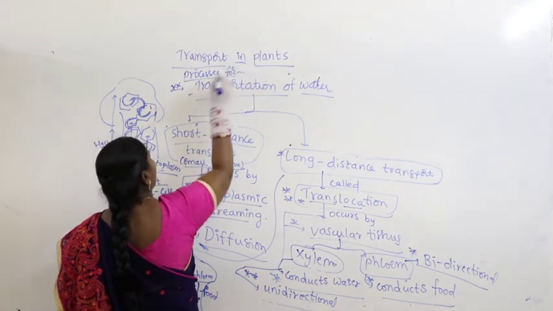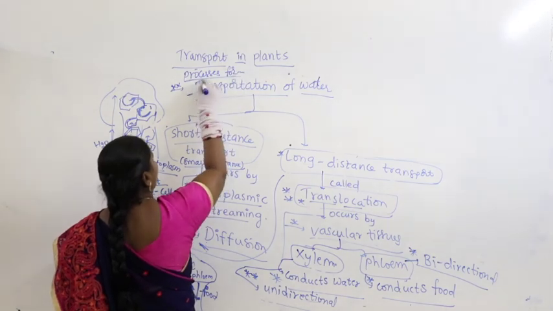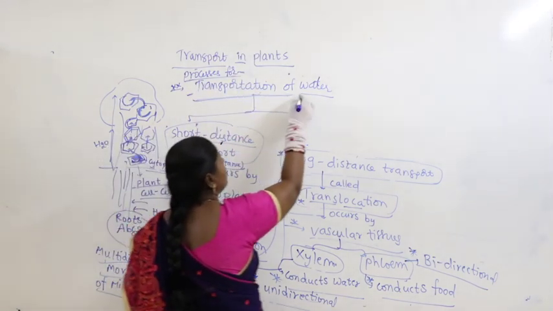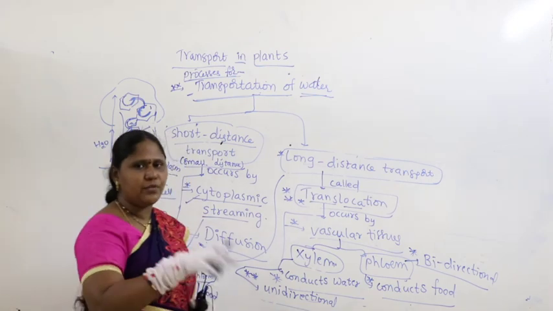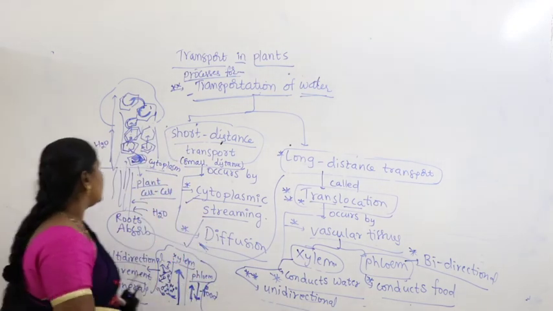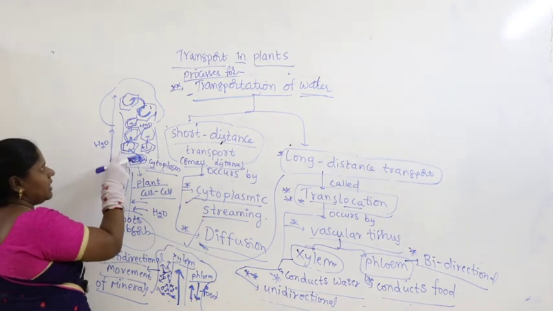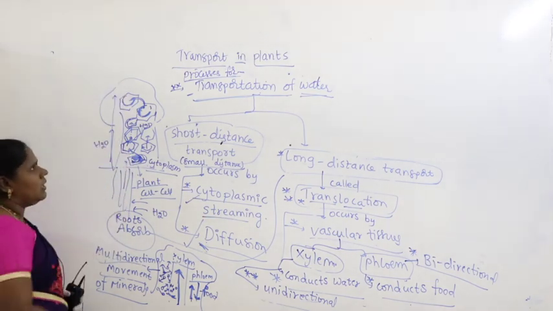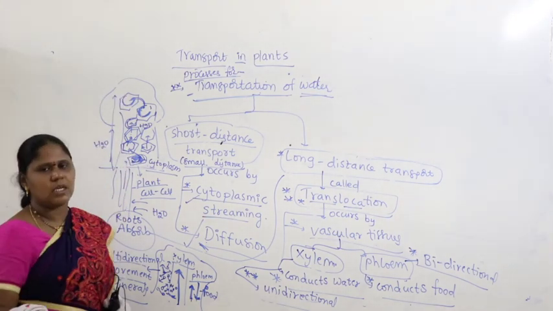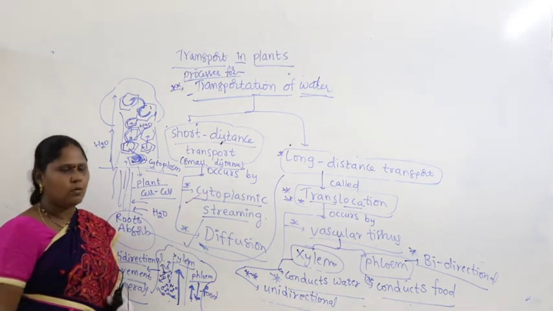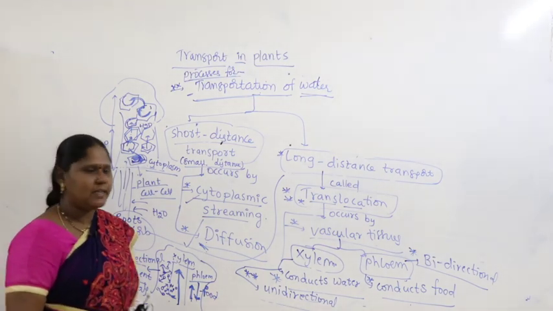Let us see which different processes take place for the movement of water from the lower part, the base of the stem, to the upper part of the leaves. Different processes play a very important role. What are they? Let us make a list here.